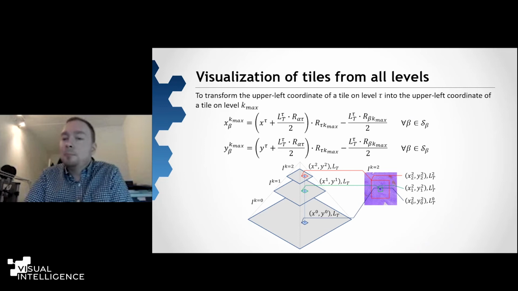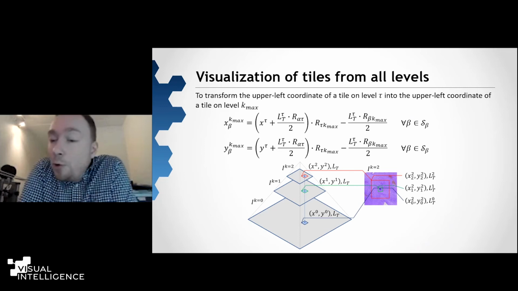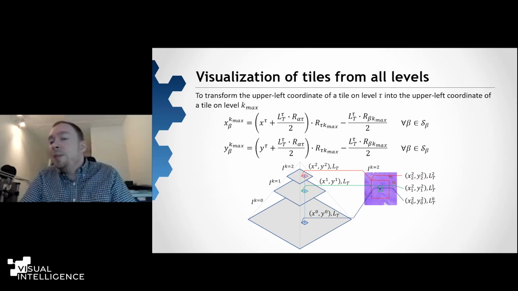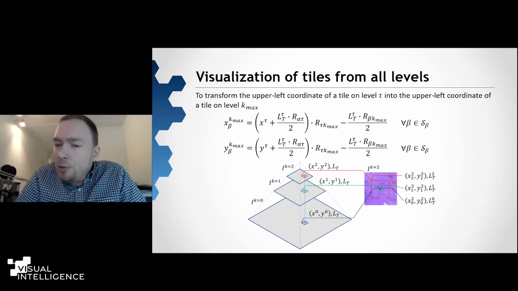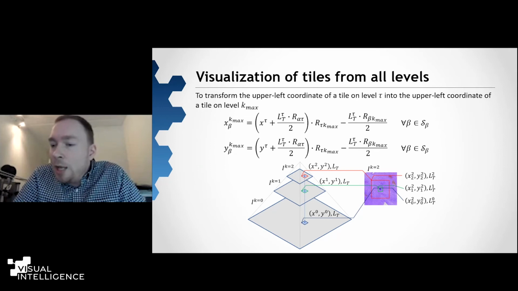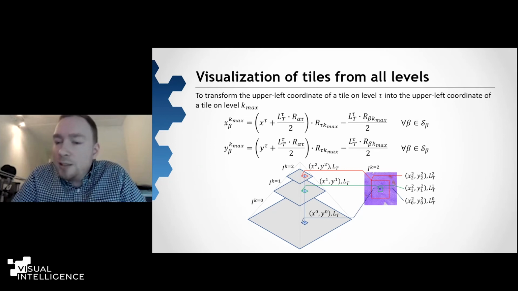Another thing we wanted from our method was to be able to visualize tiles from all levels onto the same image. If we start by looking at the figure at the bottom, we have our pyramid and we have a tile on each level. We want to display all of these tiles onto the same level, in this case, level 2.